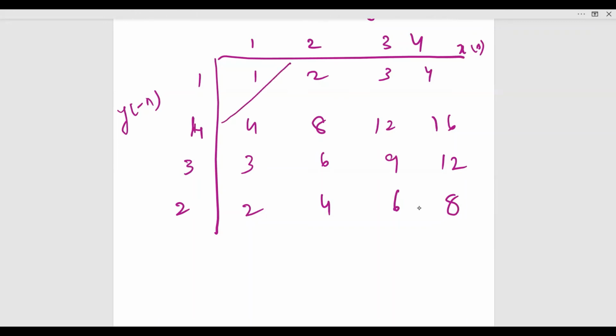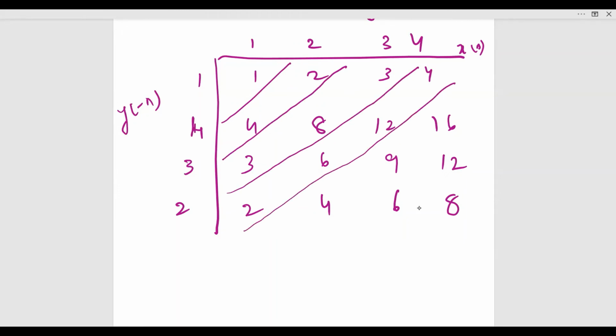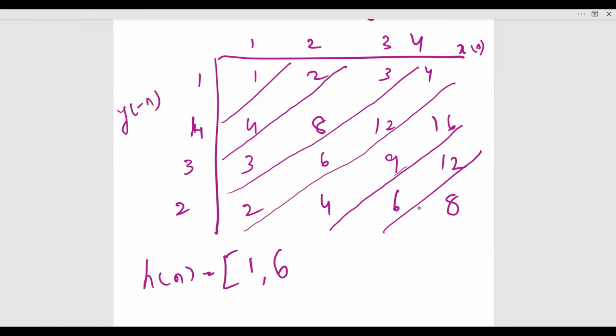First draw the lines, and then perform the addition. So h of n, this is the output. We get elements 1, 4 plus 2, 6, 8 plus 3 plus 3, 14.